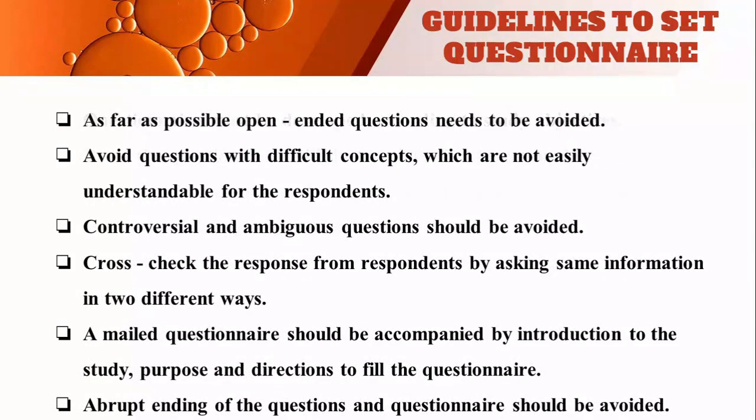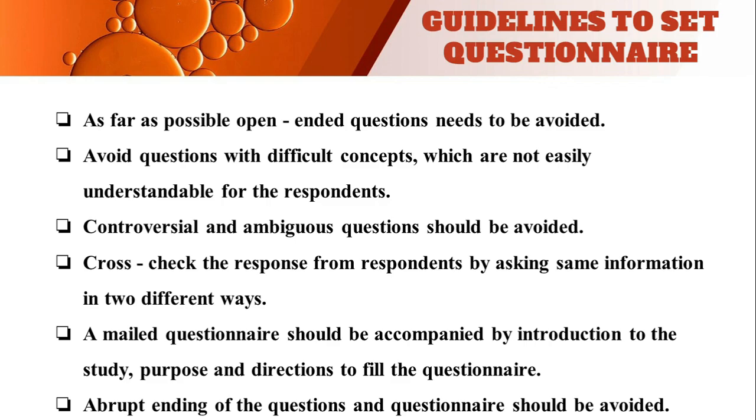Next, what are the other guidelines? As far as possible, we need to avoid the open-ended questions and avoid questions with difficult concepts which the subjects cannot understand and respond. Controversial and ambiguous questions.